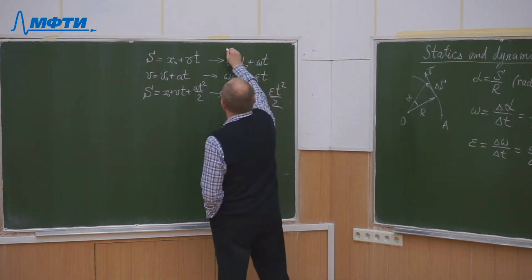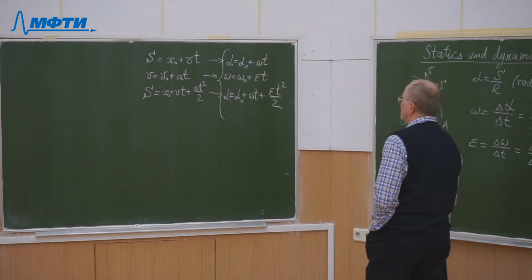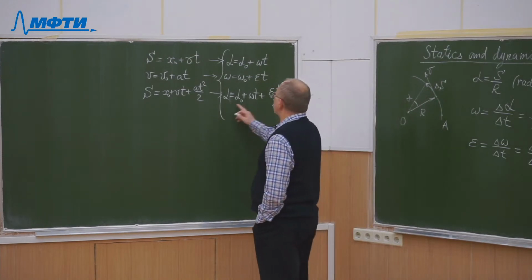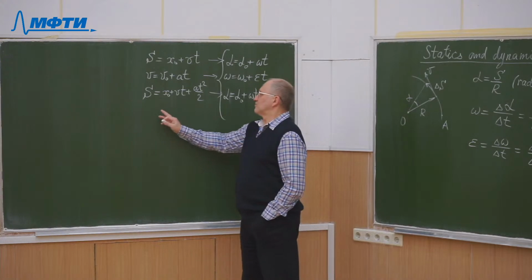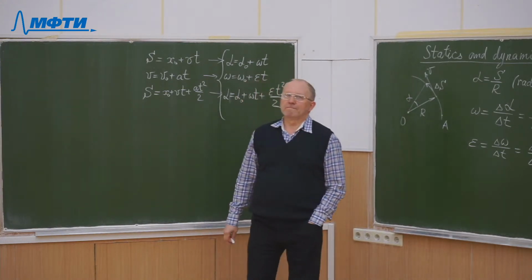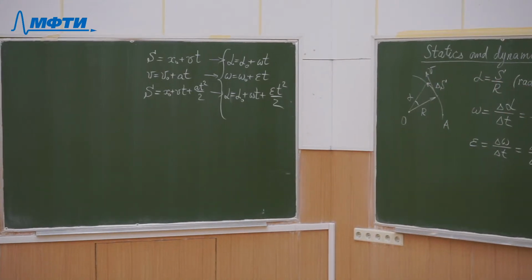So all the formulas are absolutely identical: the kinematics formulas for circular motion are identical to those for linear translational motion.